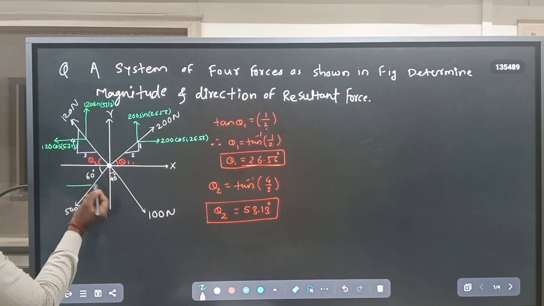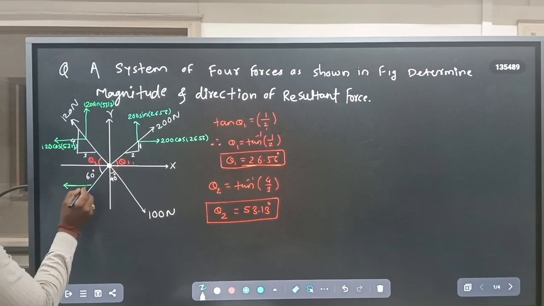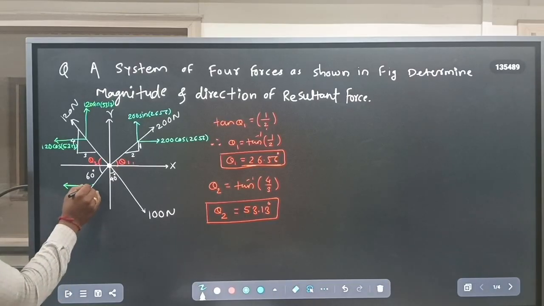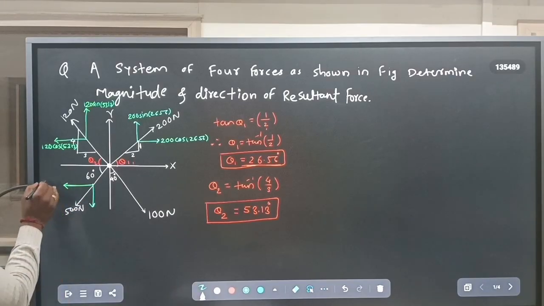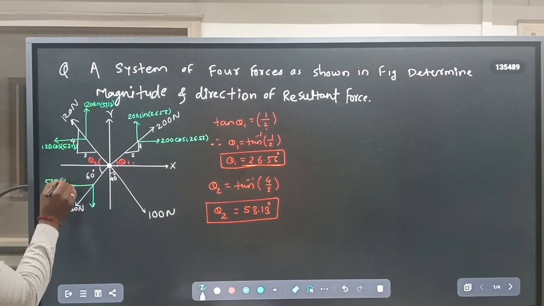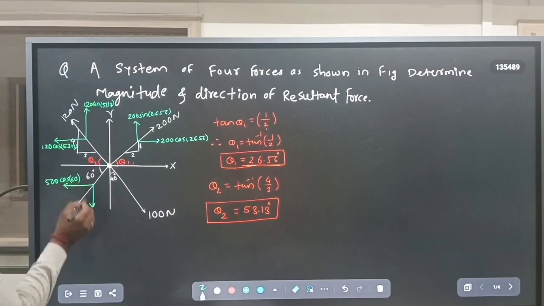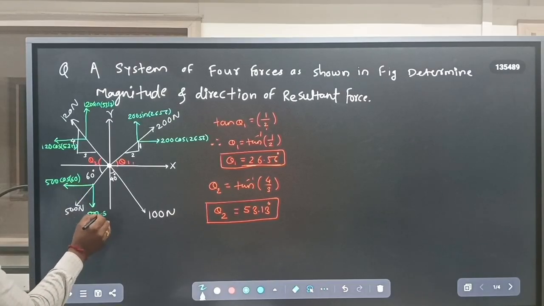Okay, now again for 500 Newton force, this 60 is again with x axis, 60 degree angle. ये जो है वो x axis के साथ है. So the horizontal component carries the cos and the vertical component carries the sin. तो ये जो आएगा आपका, this is 500 cos 60. This is 500 sin 60. Okay.